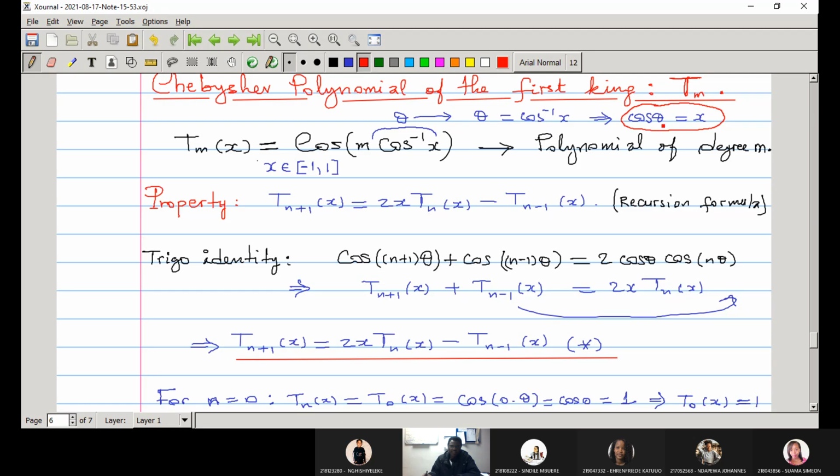And this theta is not taken to be the entire real line, because of this definition, cosine inverse of x. You see that we are defining the inverse of cosine. Actually cosine itself is not invertible because it oscillates like this. So cosine is not a monotonic function.